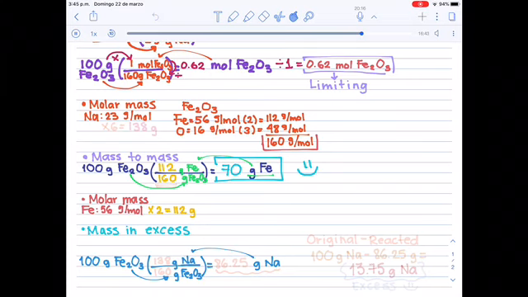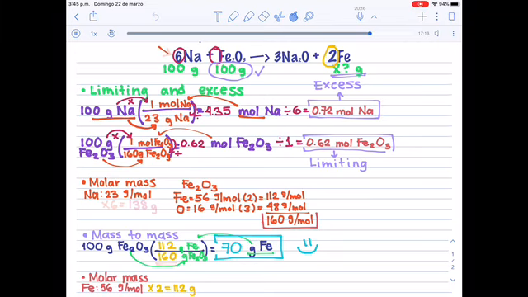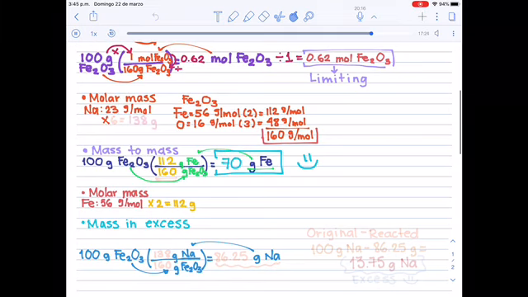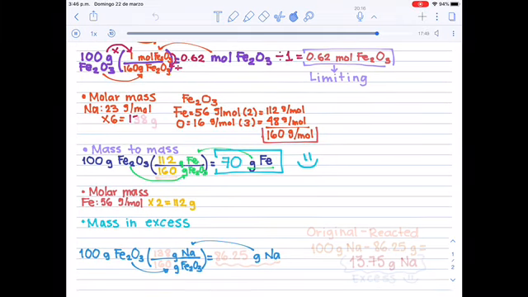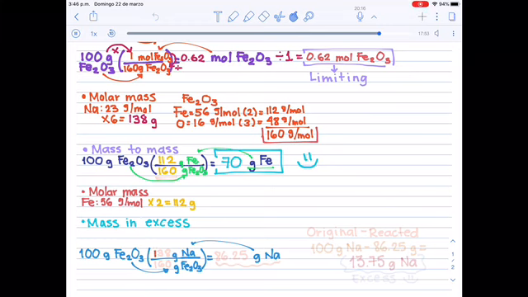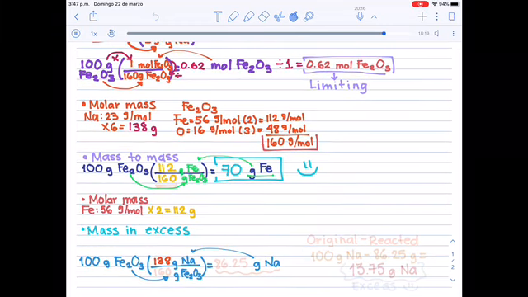Then we need to use the amounts that we already had from the first section, the molar mass of sodium, which was 23, and we multiply it times 6, which is the coefficient that it has, and it gives us 138 grams. Then we use the 160 that we had also from the previous problem, and we used it like that. We already knew that it was times 1.